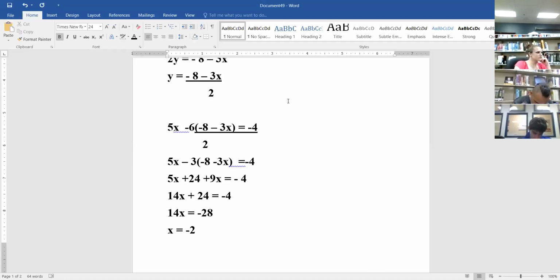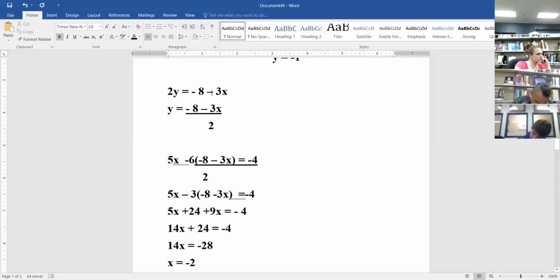Now, basically in this particular problem, when I got to y equals minus 8 minus 3x over 2, what I should have probably done is put that minus 8 minus 3x in parentheses to make sure that we understood that is the entire term. Okay? All that making sense?